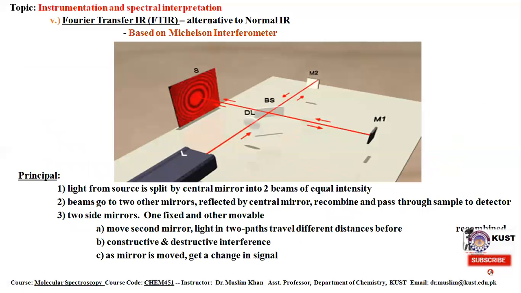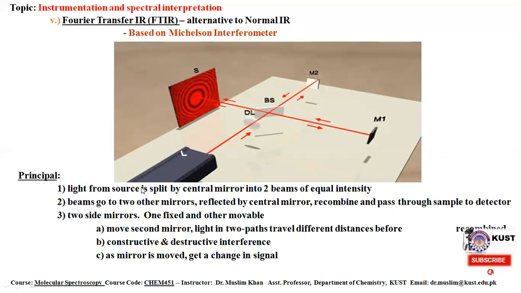So the other type of IR spectroscopy, which we are just touching on, is Fourier transform IR spectroscopy, shortly called FTIR. This is an alternative to normal IR spectroscopy, based on the Michelson interferometer.